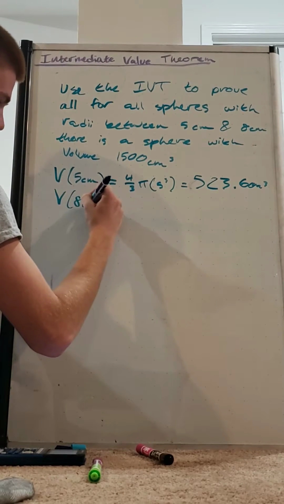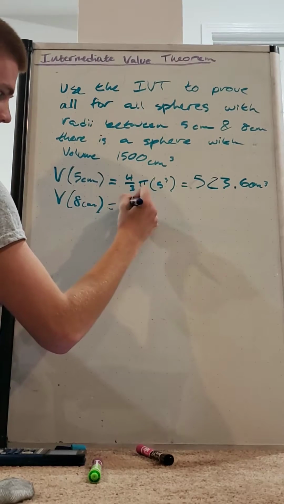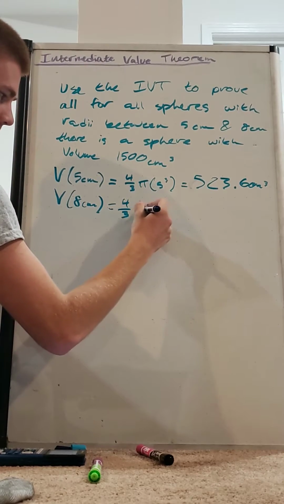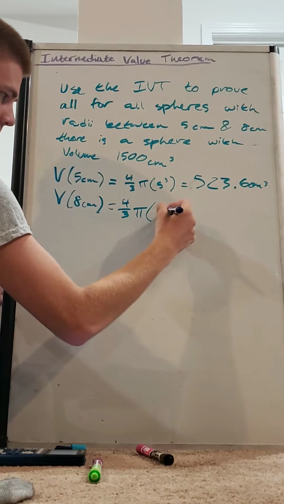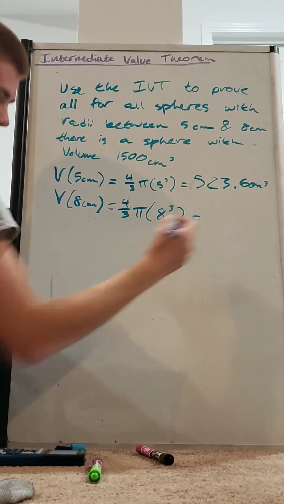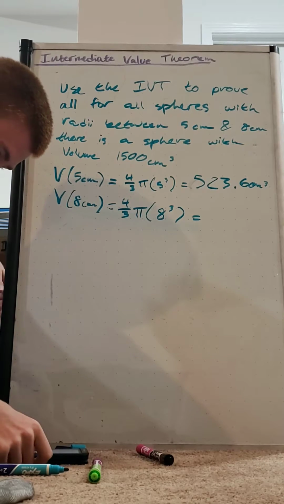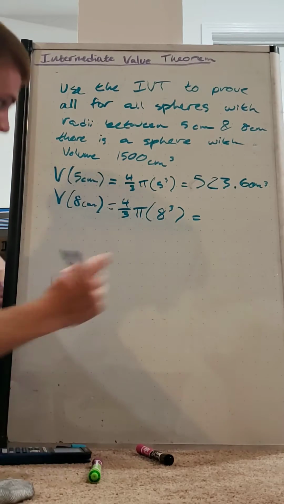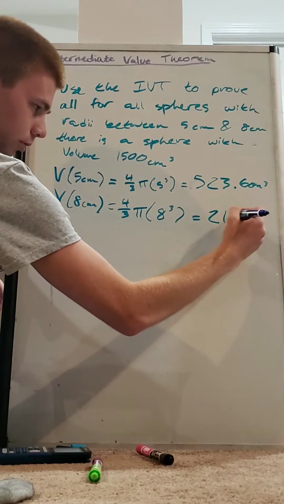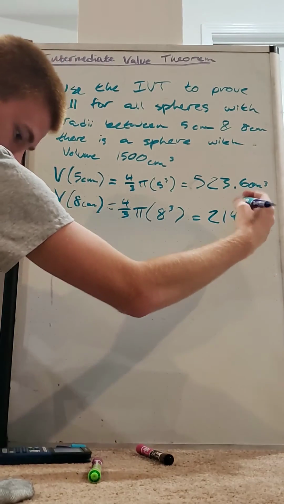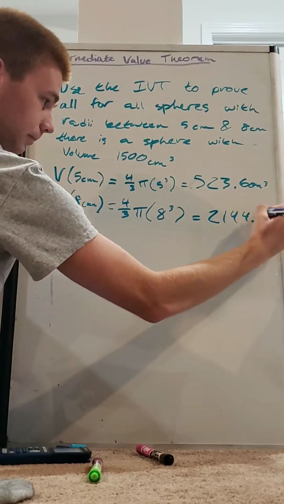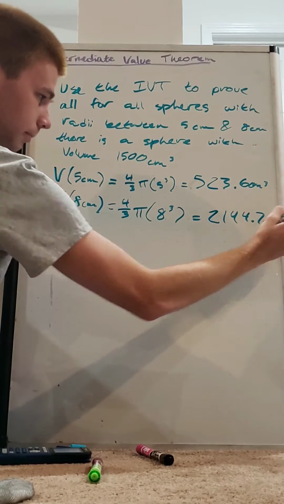8 centimeters is, again, 4/3 pi r cubed. So it's 4/3 pi times 8 cubed. And that'll give us 2,144.7 centimeters cubed.